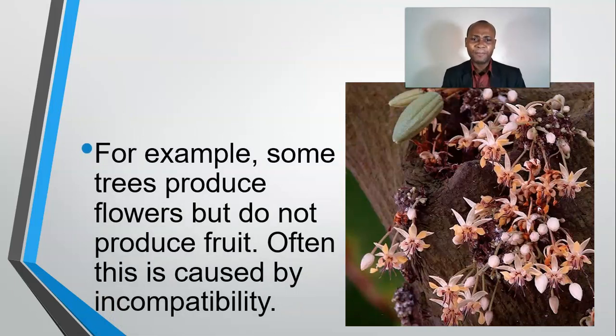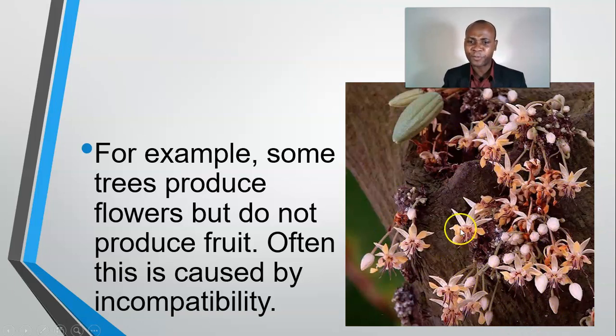Okay, so for example, some trees can produce flowers but do not produce fruits. Often this is caused by incompatibility. So as you can see on this particular tree, there are so many flowers here, but you see only two young pods. So this problem is caused by incompatibility.